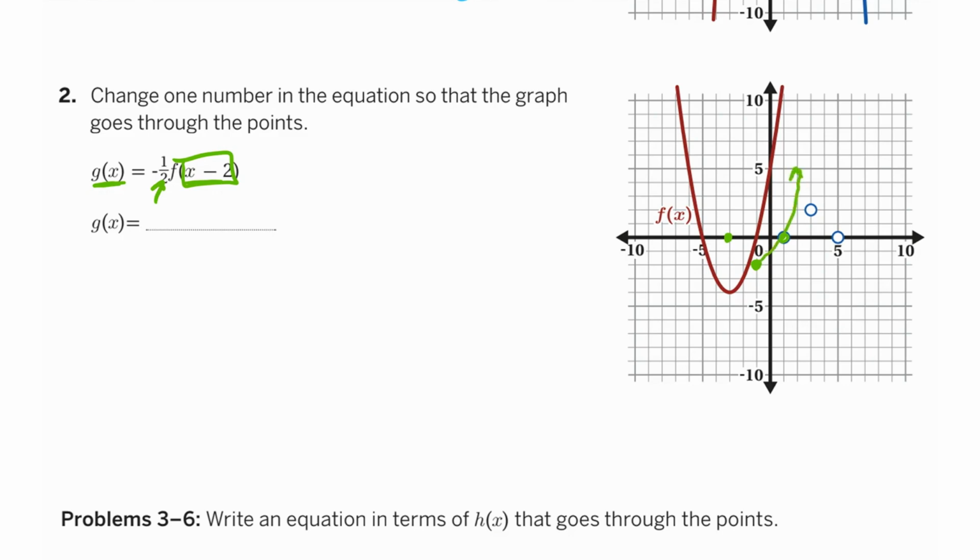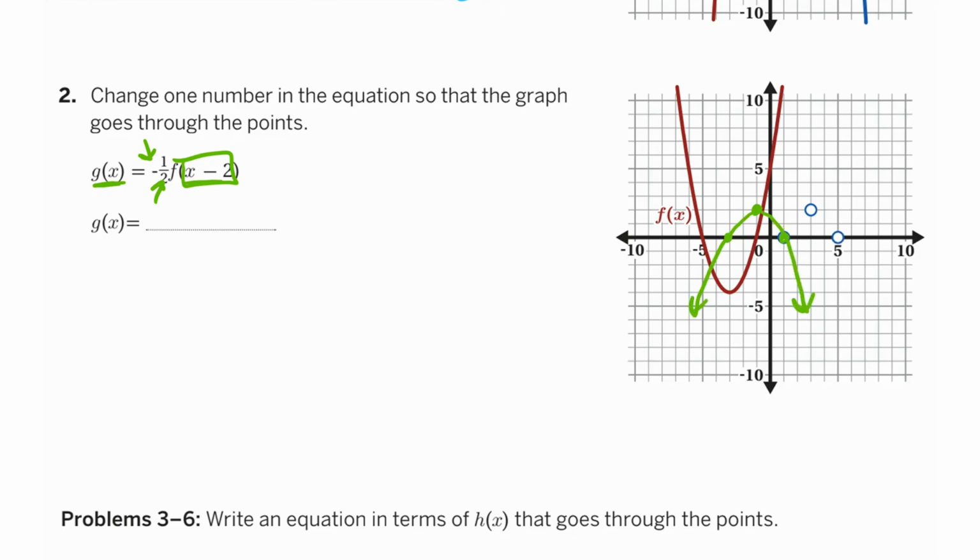And now we get a little bit more of a squat, or wider graph. And then the last thing we have to do is this negative here. So the negative is going to reflect it over the x-axis, which instead of the vertex being at the y value of -2, we're going to flip it to become +2, which gives us this graph right here.